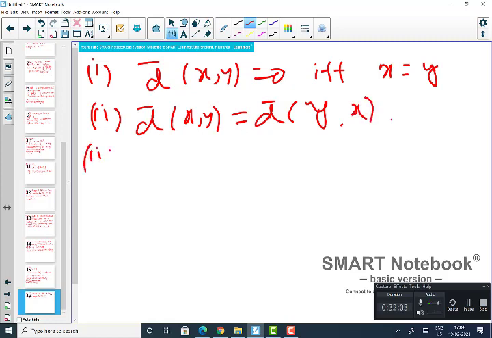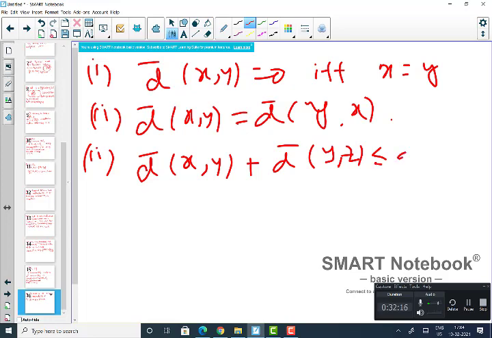And number 3 you need to check. What does that tell? That given any x, y, z, you need to check the triangle inequality: d bar of x z is less than or equal to d bar of x y plus d bar of y z. Now how do you check? There are two possibilities.